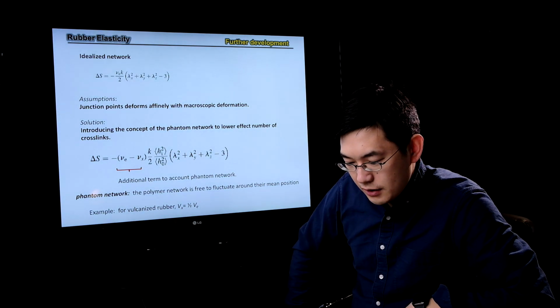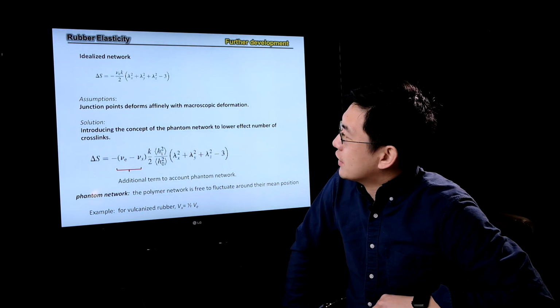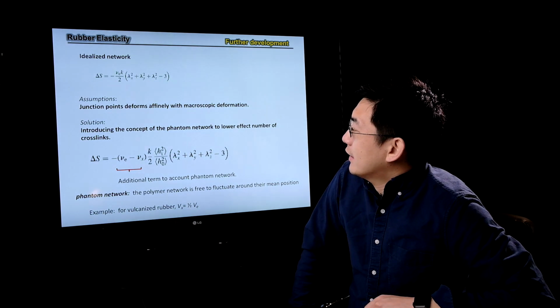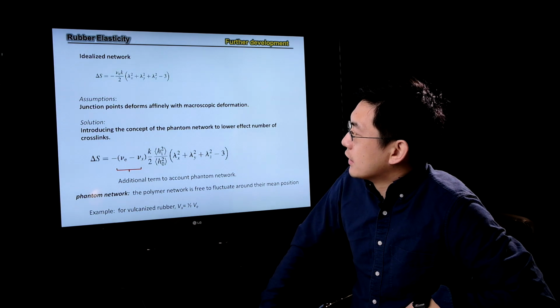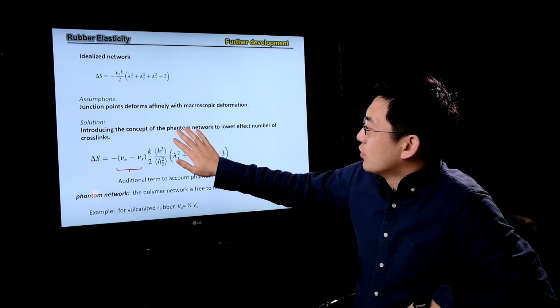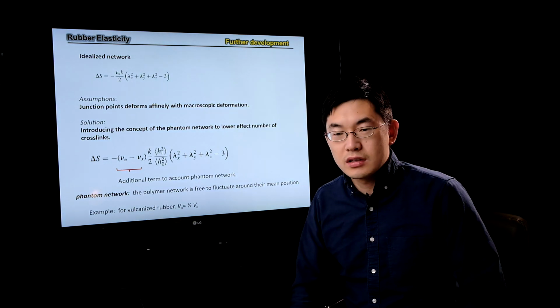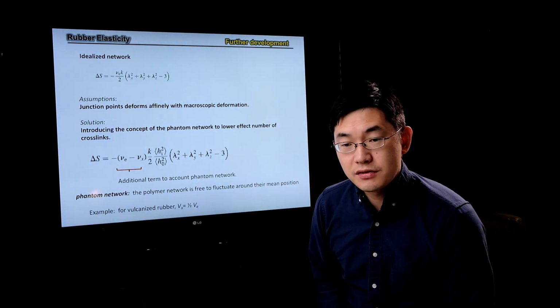And the other one is affine deformation. Affine deformation discusses how your polymer will deform affinely with the macroscopic deformation. This introduces the idea of a phantom network to lower the effective number of crosslinks. Phantom network, what does phantom mean?